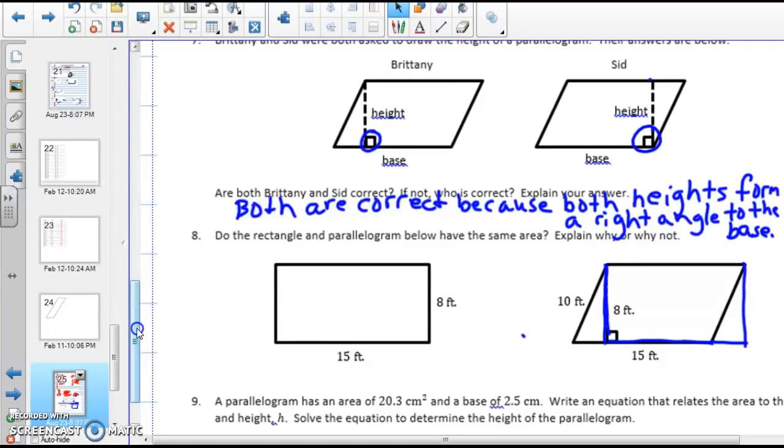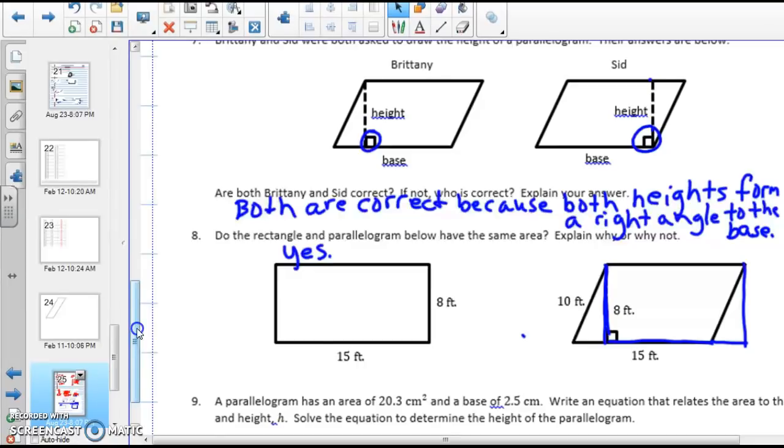So, do the rectangle and parallelogram have the same area? Yes, and it said to explain. I just explained that. If you cut off one end of the parallelogram, this triangle on the left, and move it to the opposite end, it forms a rectangle.